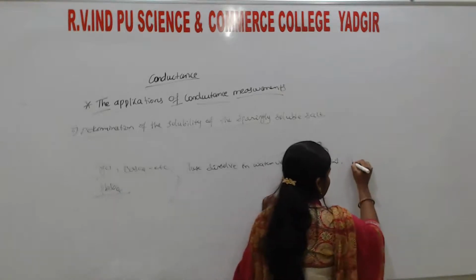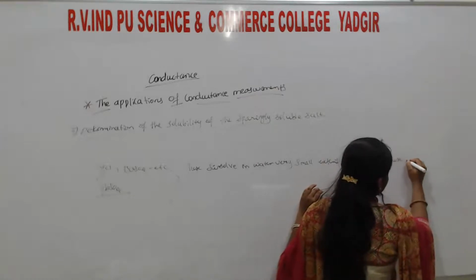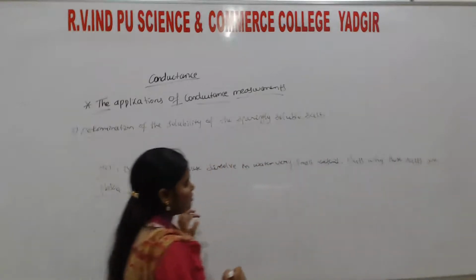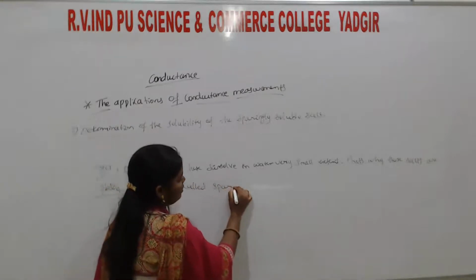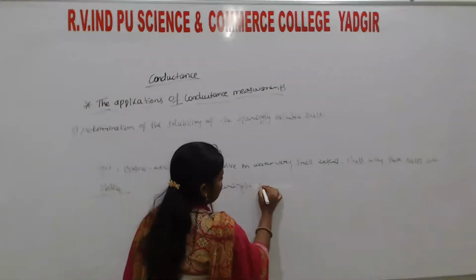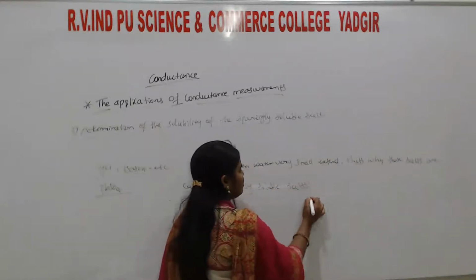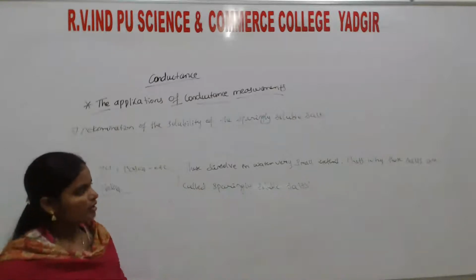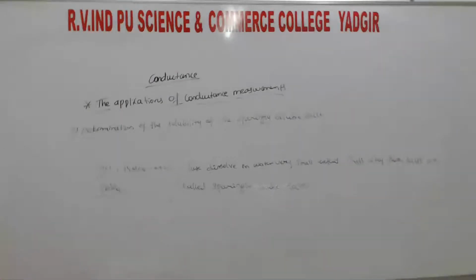That's why these salts are called sparingly soluble salts. This is the definition of a sparingly soluble salt: it dissolves in water to a very small extent.